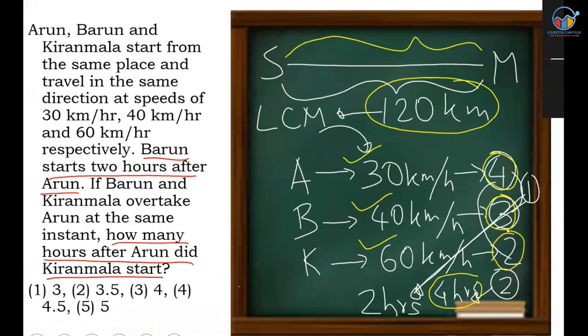Now the gap between Arun and Barun is 1 as per this calculation, and the gap between Arun and Kiran is 2 as per my calculation. But in reality, they have said the gap between Arun and Barun is 2 hours. So 1 corresponds to 2 hours. Hence, what I have as 2 will correspond to 4 hours, which is why your answer to this question will be 4 hours.